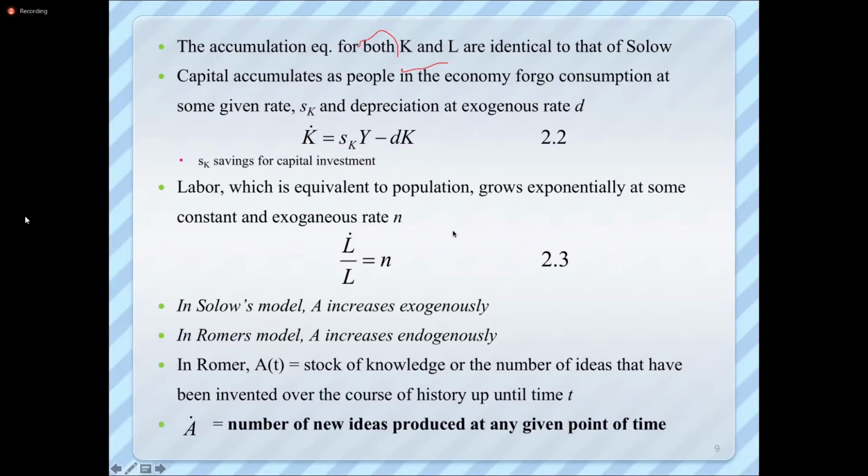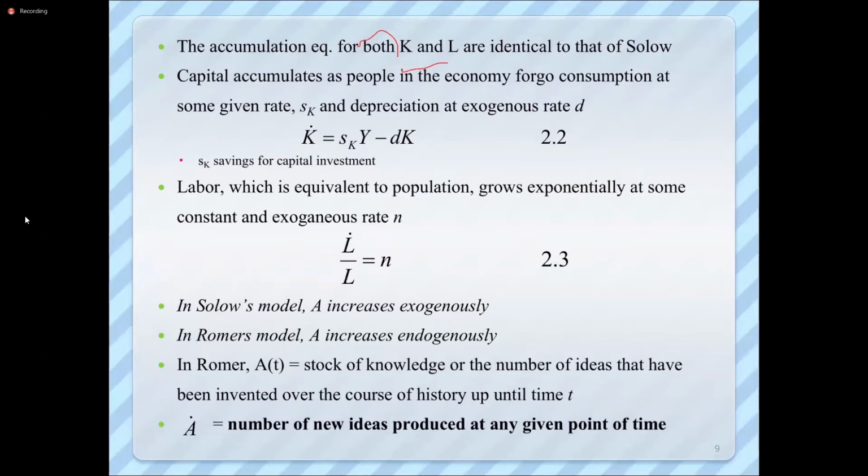Now you have to look at another important element, labor. Labor, which is equivalent to population, grows exponentially at some constant and exogenous rate n. If you look at 2.3, it shows labor is growing exponentially.